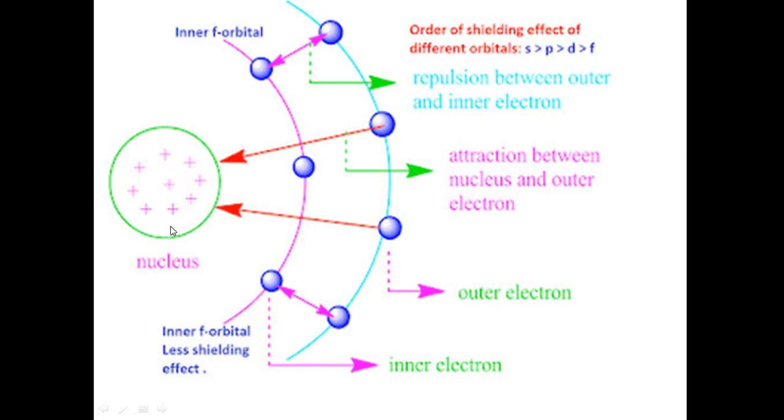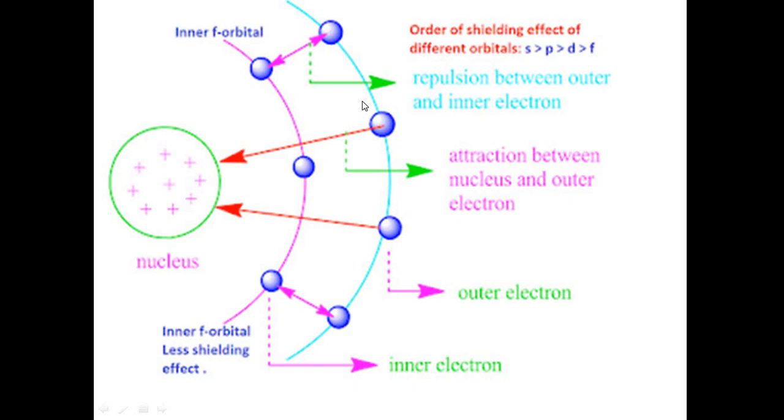The nucleus is present and the nucleus is positively charged. Electrons are present in various orbits, and in the case of lanthanoids, 4f is an inner orbital because the outer orbital is 6s. The last electrons are present in the 6s orbital. When we move from lanthanum to lutetium, addition of electrons takes place in the f orbital, and we know the f orbital has a poor shielding effect.